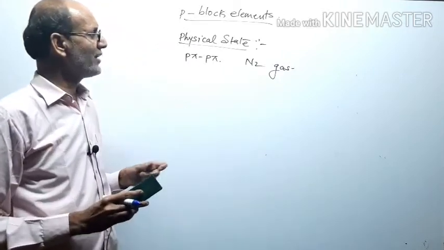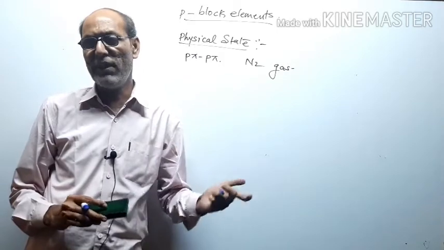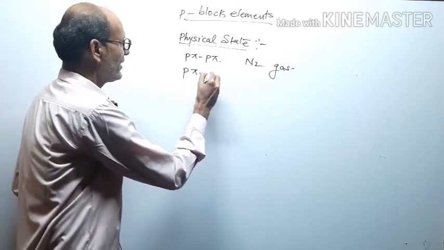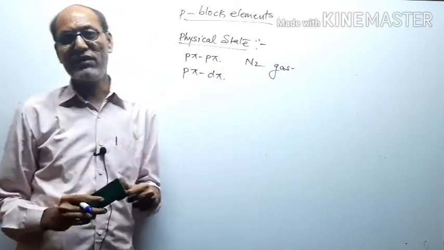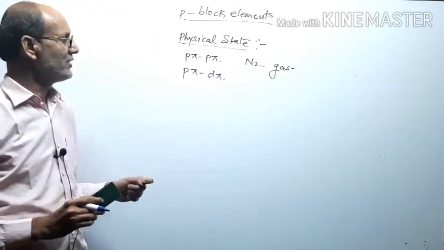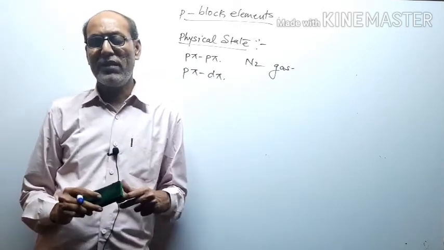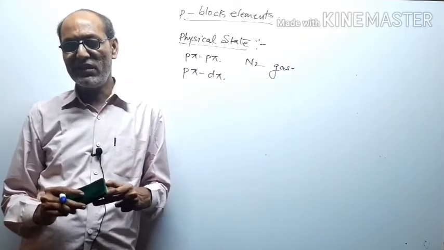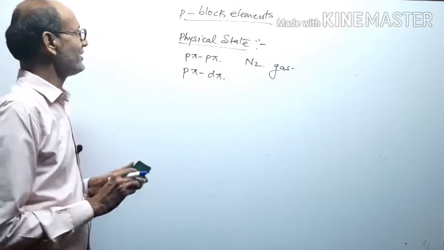While in phosphorus, the p-pi bond is not present, and it is larger in size, that's why phosphorus exists in the solid state. But phosphorus is easily vaporized into a vapor, and other elements do not undergo vaporization easily and they are in a typical solid state.